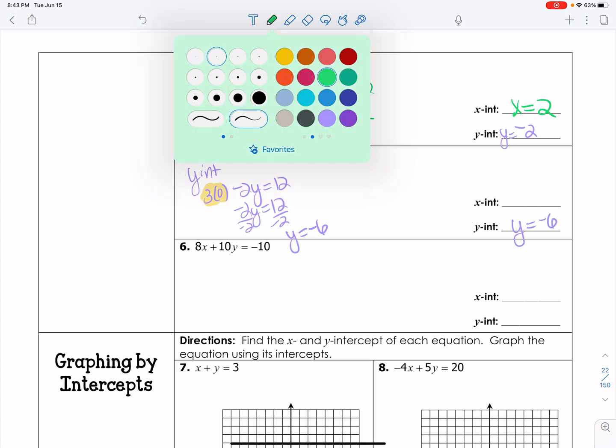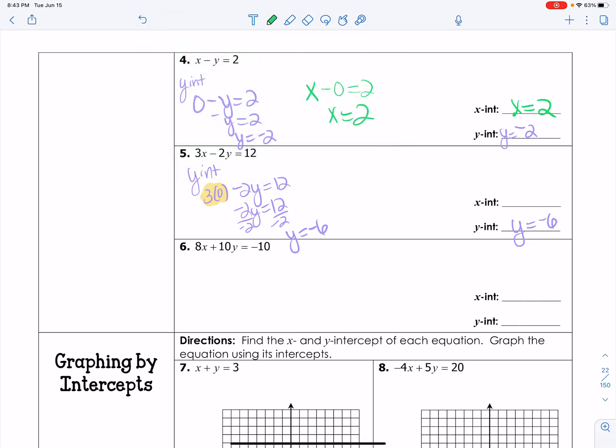Then I'm going to put 0 in for y to find my x-intercept. So this whole term becomes 0, and you get 3x equals 12, divide by 3, and x equals 4. So those are my two intercepts.